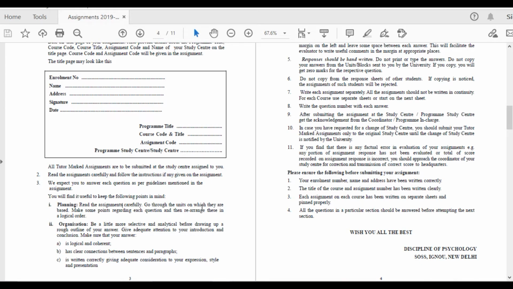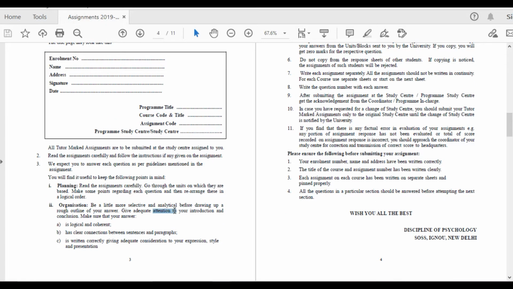That means paper 1, paper 2. If you are talking about paper 1, then paper 1 also is divided into blocks and units further. So block 1, block 2, block 3, and unit 1, unit 2, that way. So just read the assignment and find out where is what. That's your planning.